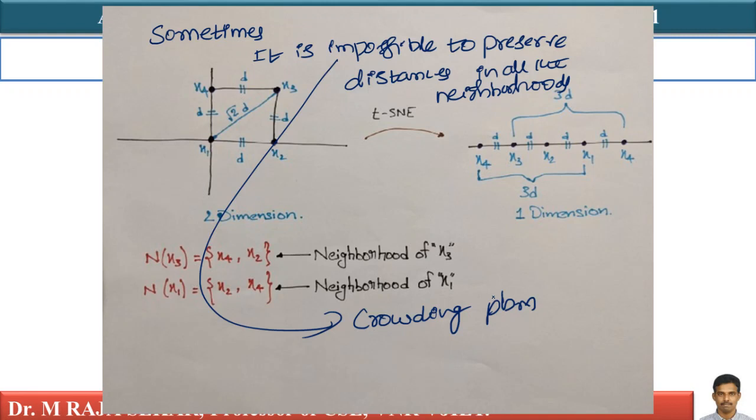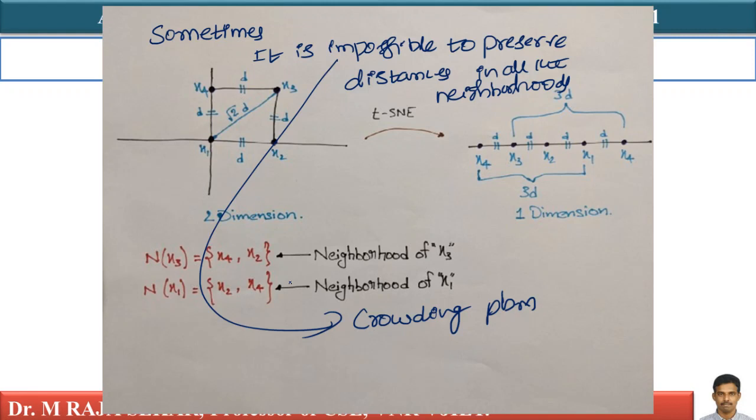Earlier, a few years before t-SNE, there was a lot of research on stochastic neighborhood embedding. Then, whenever people did stochastic neighborhood embedding, they started observing this problem of crowding.